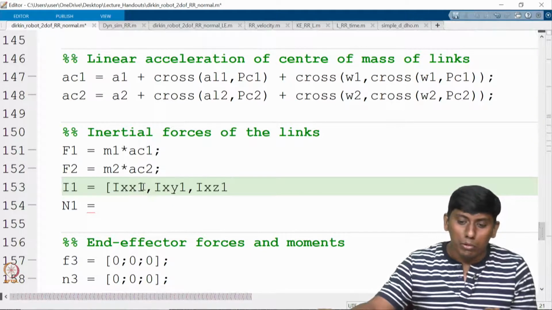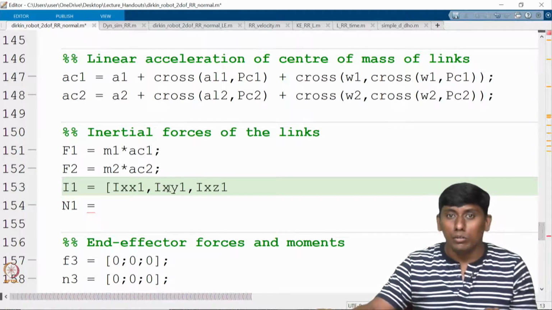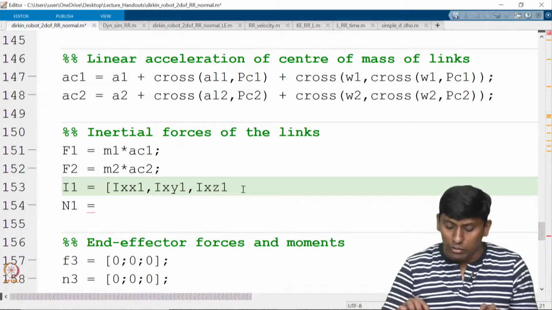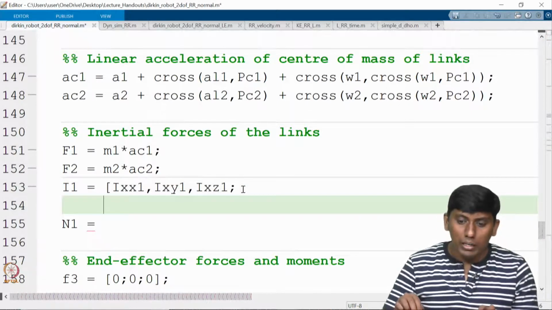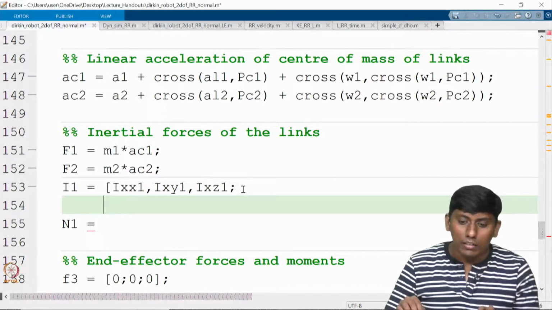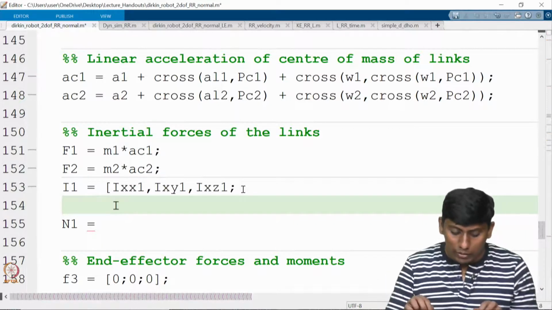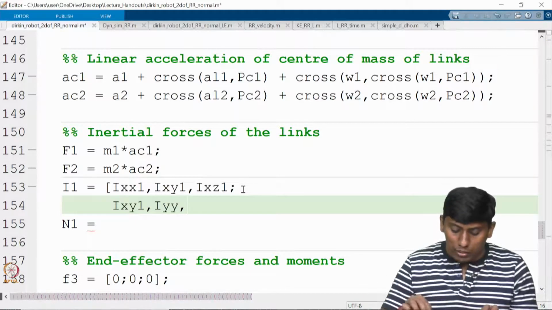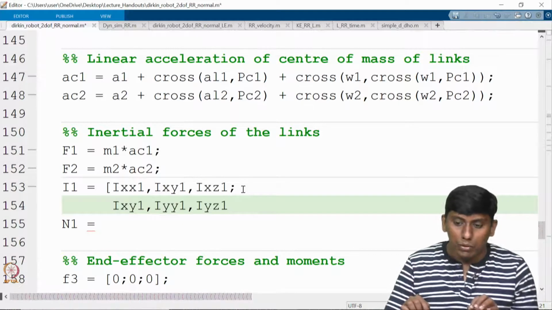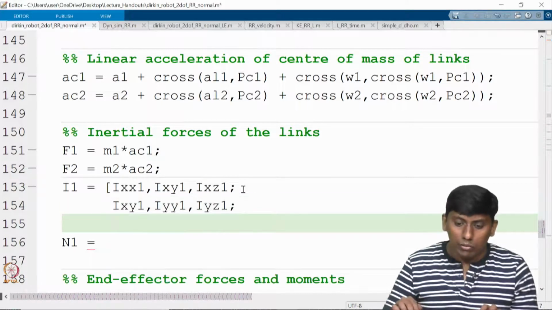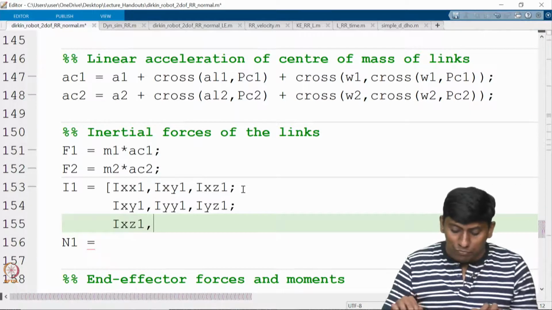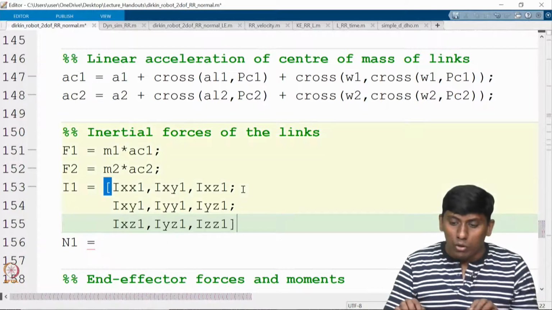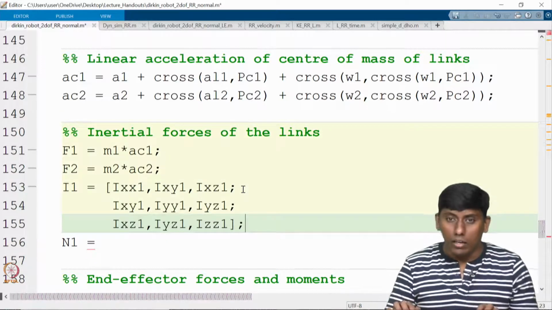In fact, we will put a minus sign here, which you can even get from the unit itself. I am writing this as a tensor. So you can write IXY1, IYY and IYZ1, then IXZ1, IYZ1 and IZZ1. This is the initial value.